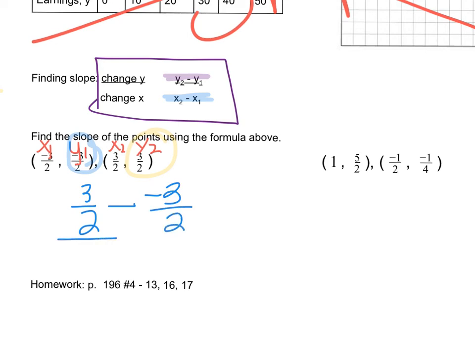Great, that's on top. Those are our y's. Now we're going to go look for our x's. So our x sub 2, because that's the first one, is 3 over 2 minus, and then we've got to find our x sub 1, and that's negative 3 over 2.